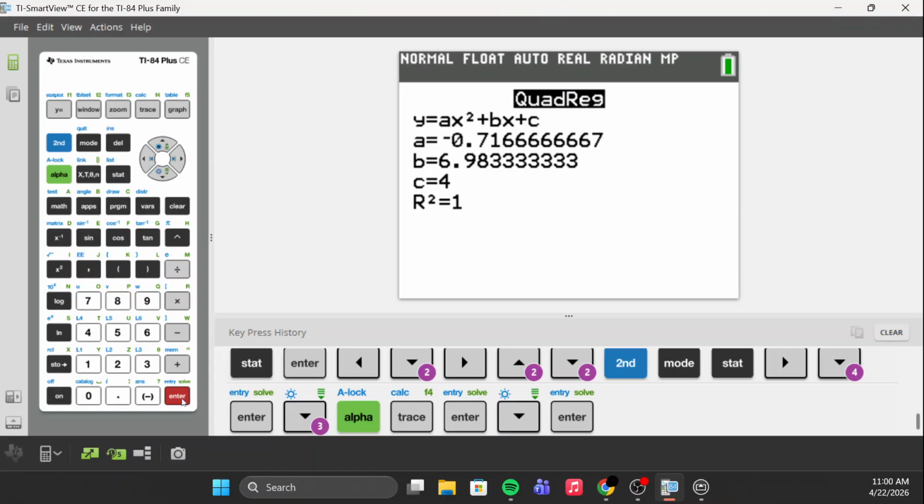It will tell you a is equal to, and again, they want 3 decimal places, negative 0.7167. b would equal 6.9833, and the 3s keep repeating. I think you guys are kind of over it at this point. And my c is equal to 4.